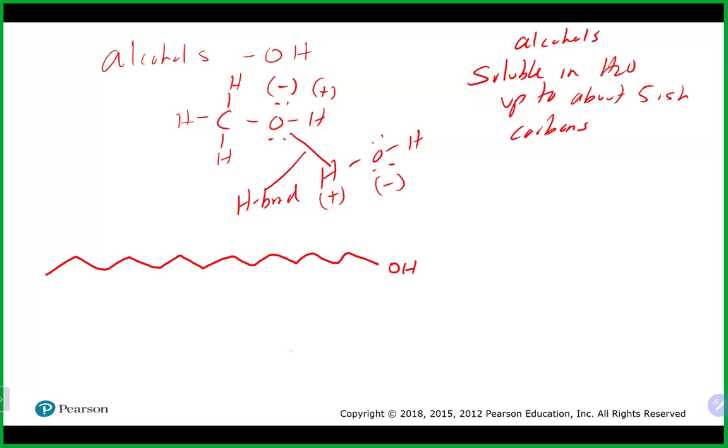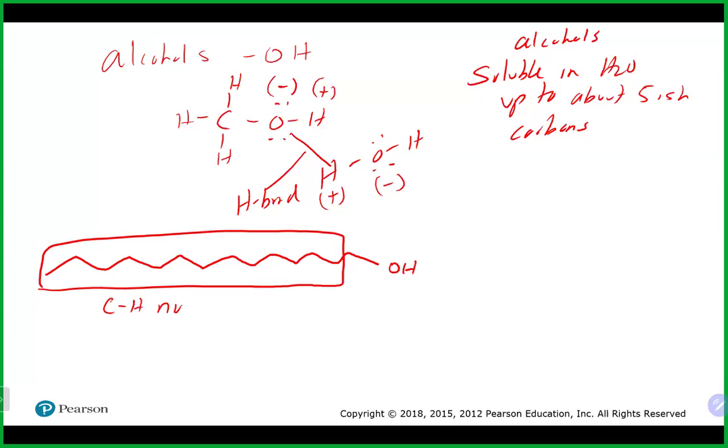So what we have in this particular case is this part of the molecule, that's all carbons and hydrogens. That is non-polar all day. And it's very, very big. And now what we have here is just this very small polar part to this molecule. And what happens is that really big non-polar part gets in the way. It's called steric hindrance.